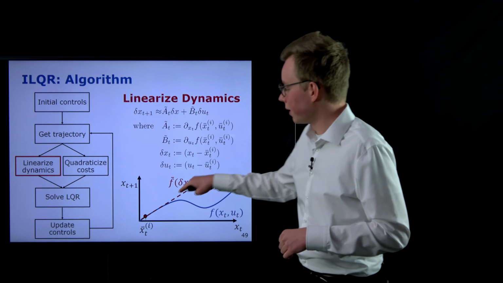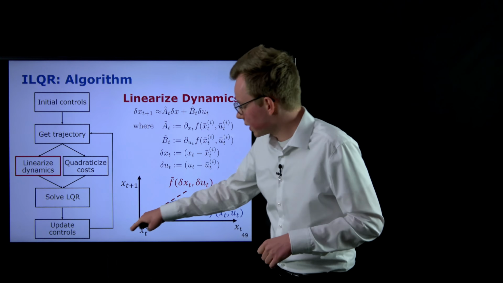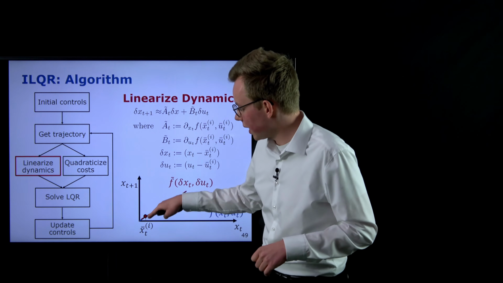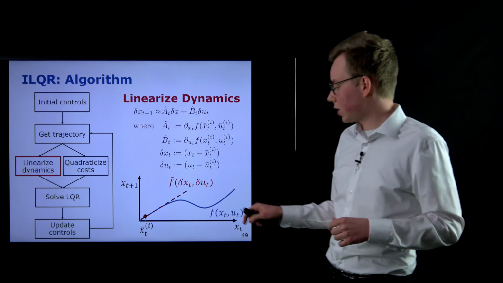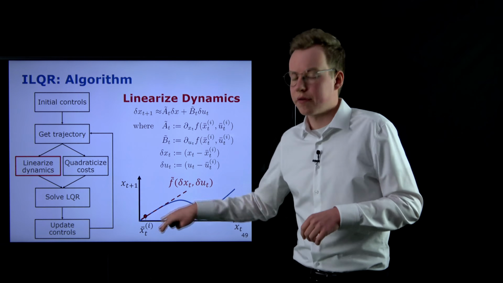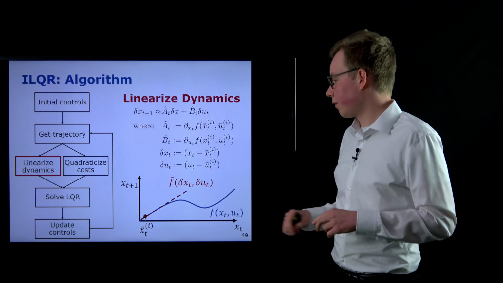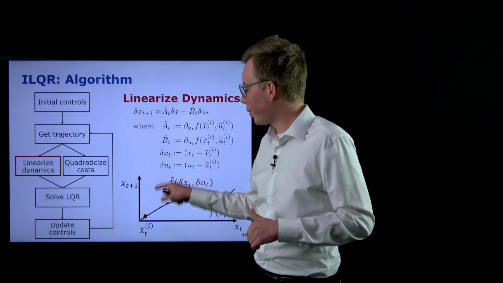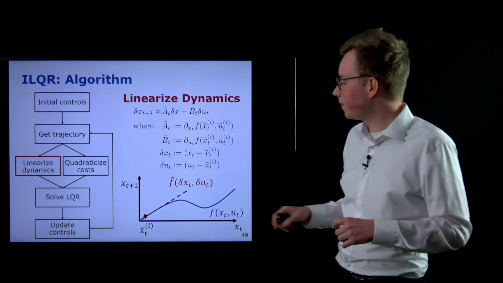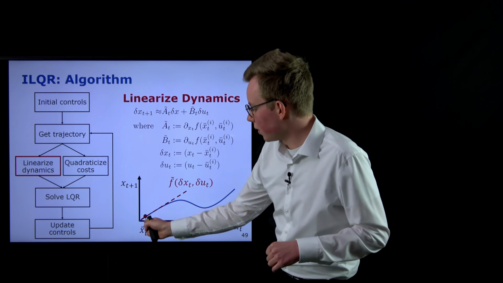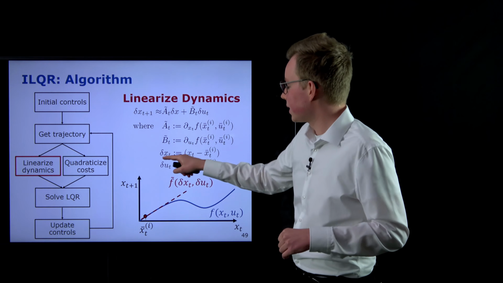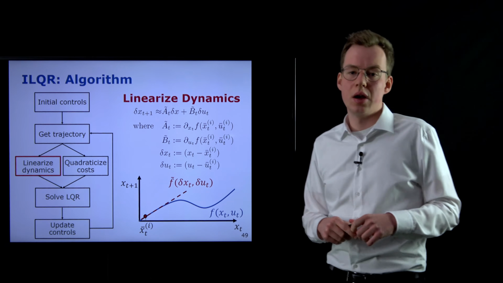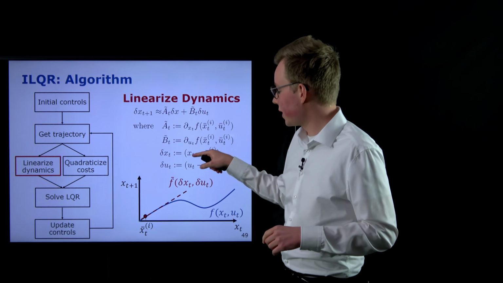And so the affine approximation of this just goes through this red point over here. There it will perfectly match the original dynamics, and then the further you go away from it, it may potentially deviate from the nonlinear dynamics. And so the Taylor series approximation about that point is exactly this expression here, where we've shifted our coordinate system into this point so that we are now not using x as a state, but we're using delta x, which we define as the deviation from the operating point.